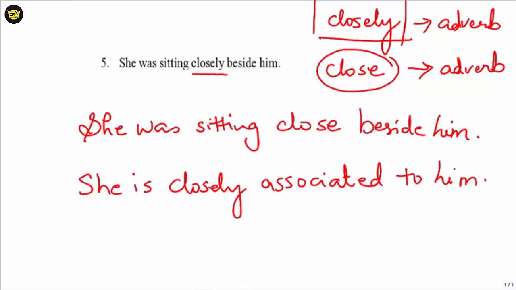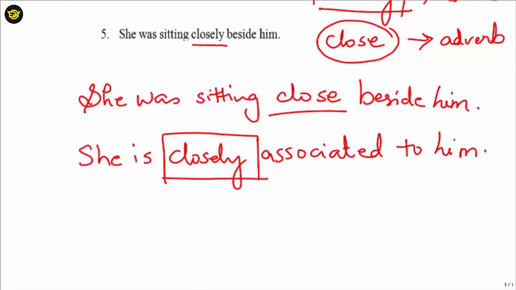So we're not talking about the physical placement of this girl with respect to him. When we're showing the physical placement, we're using the word close. Or when we're showing something not so physical, maybe with respect to relationships, how they're closely associated mentally, then we would use the adverb closely. Right? Did it make sense? I hope it did.